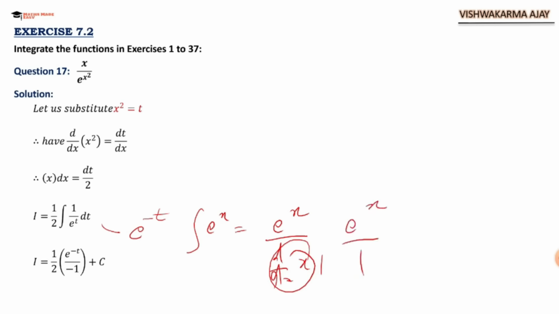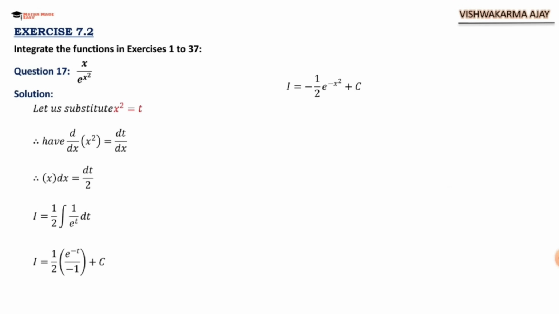In here, e raised to minus t upon d upon dt of minus t. This is minus 1 here. But don't forget to resubstitute the value of x, I mean the value of t. The value of t is x square. So I am going to substitute here. Instead of minus t, I will get minus x square. Okay.